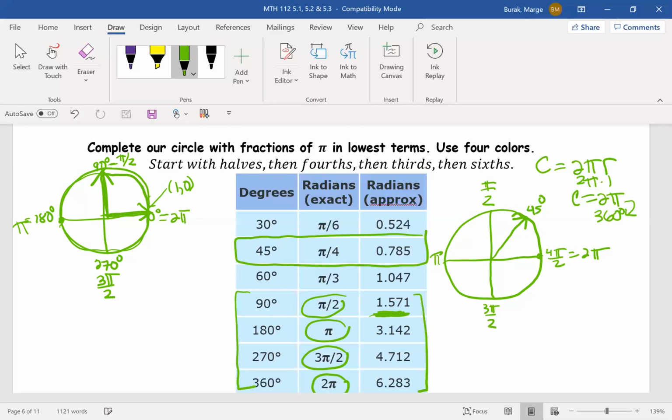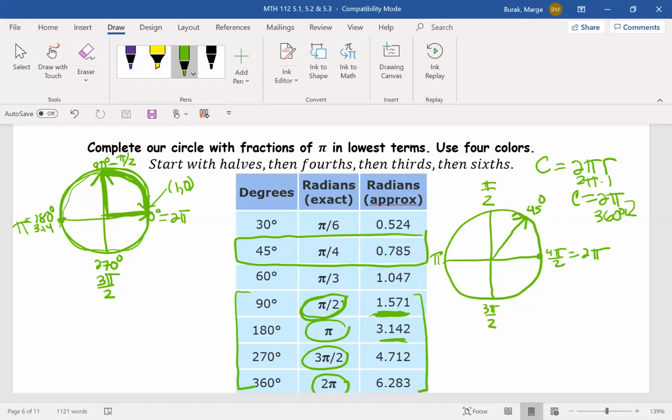But we don't want to use 1.571, we want to just say pi over 2. So a straight up angle at 90 degrees is pi over 2 radians. If you go all the way over, you get pi, and that's about 3.14. That's rounded off. We don't want to round off, we want exact.